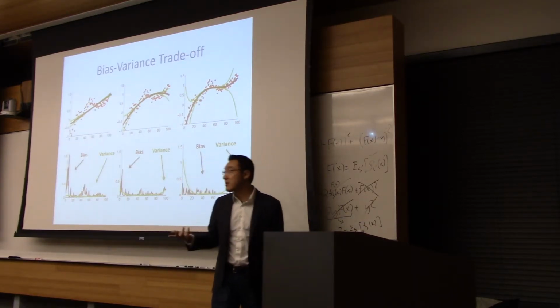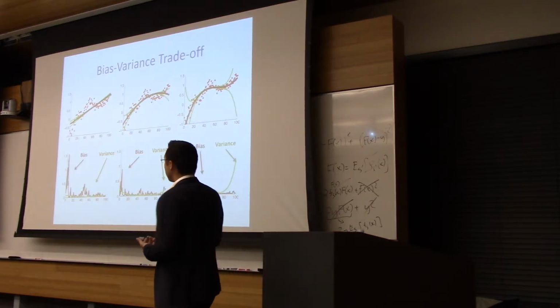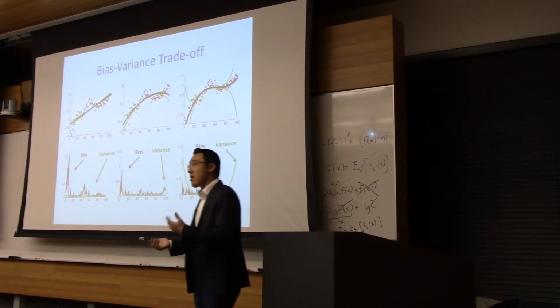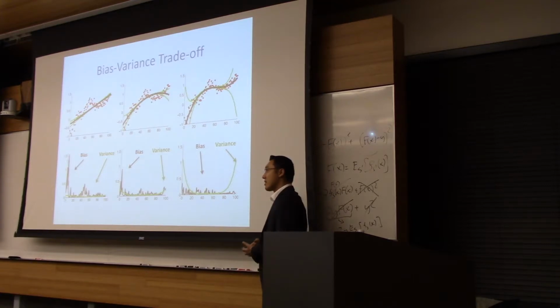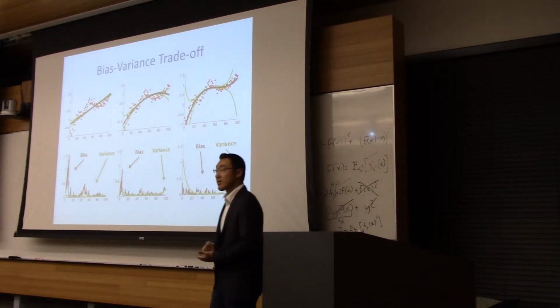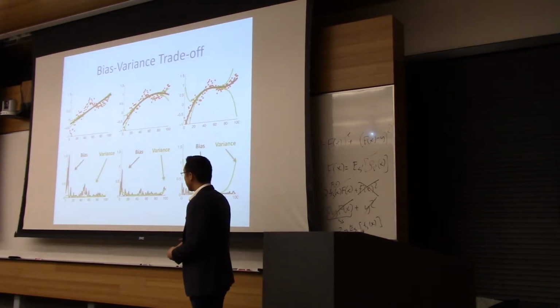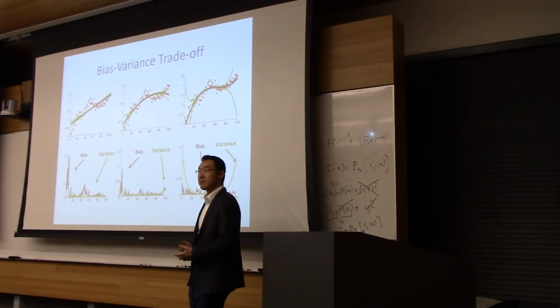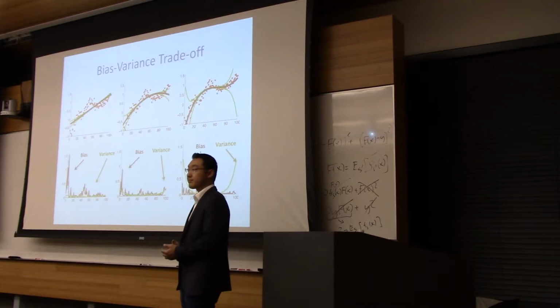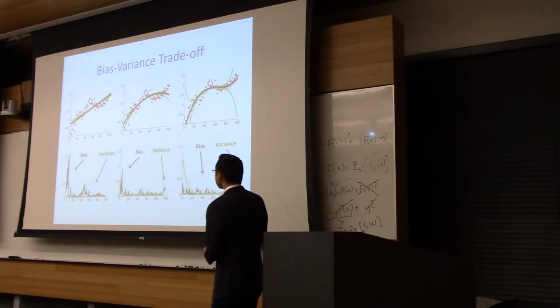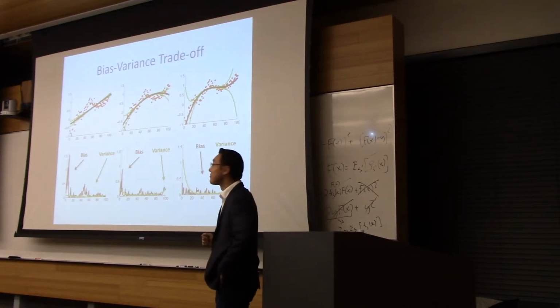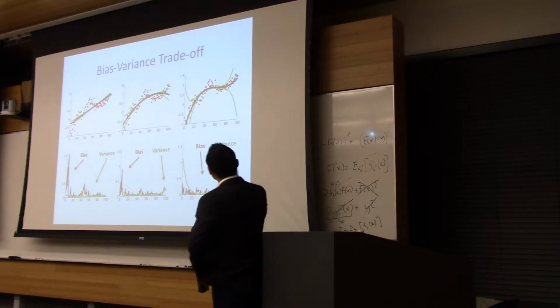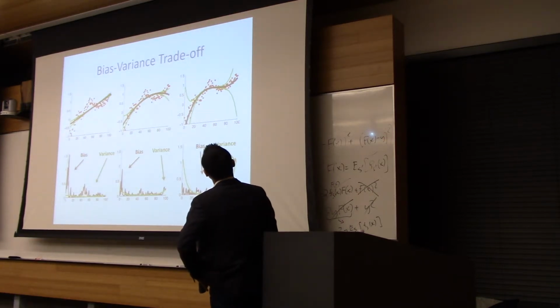So what this means is that when you start thinking about the model class, if your model class is performing poorly, is it doing so because the bias is really bad, or because the variance is really bad? In this particular case, the cubic function class, and I created this data set from a cubic function plus noise, looks pretty good.